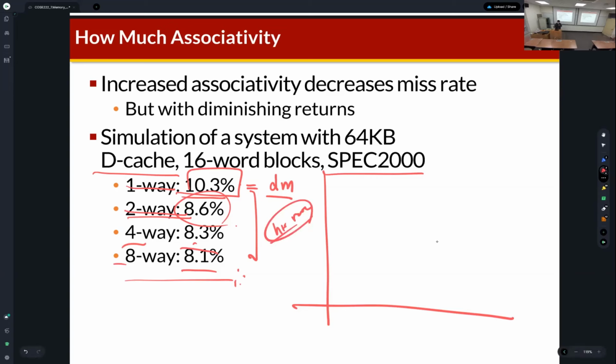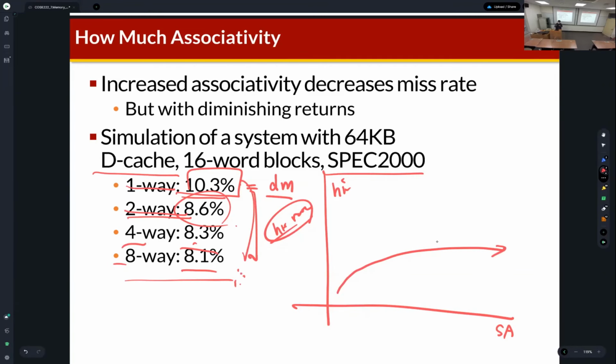Because the performance of the CPU is influenced by the hit rate, if we just consider the hit rate of the cache and the set associativity, then the hit rate of the cache is not proportional to the set associativity. Actually, the hit rate is saturated.